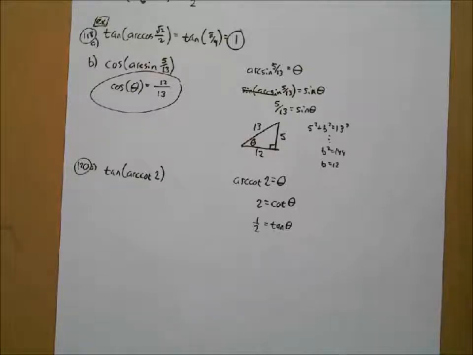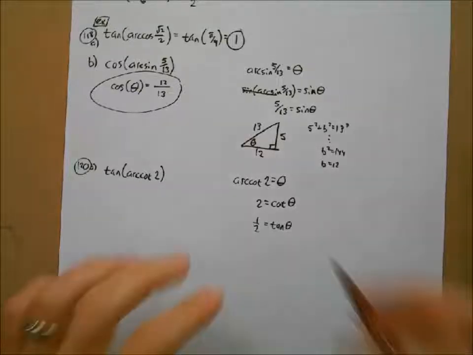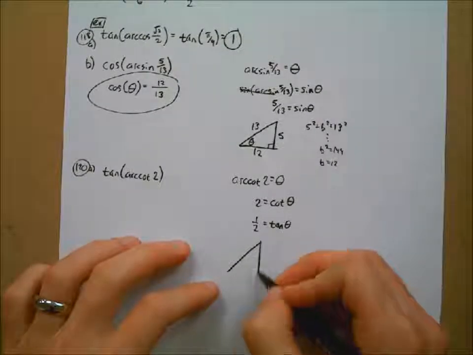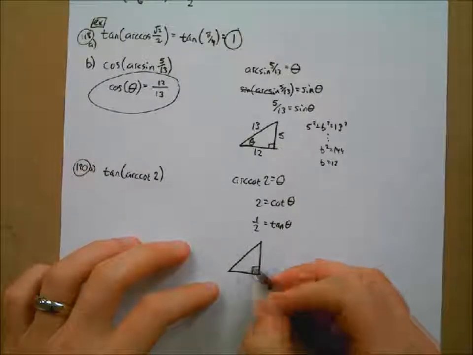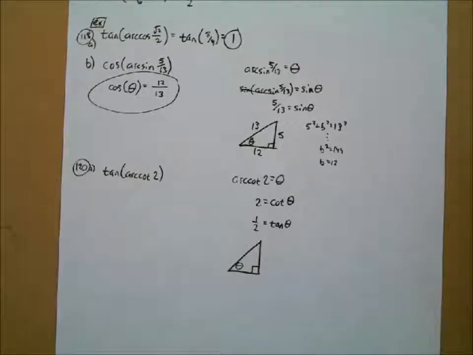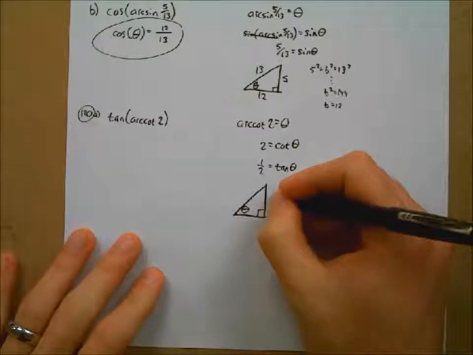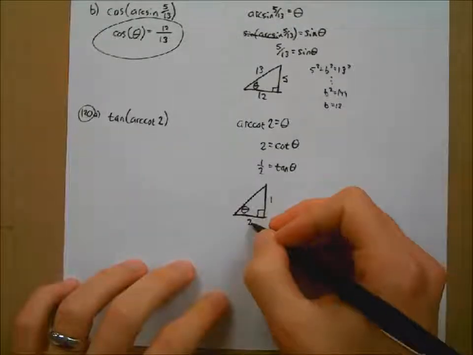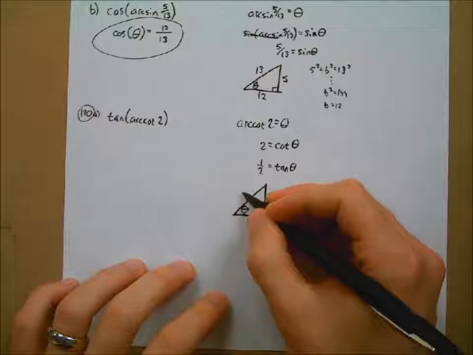Again, we can draw a little triangle to help us out. A right triangle, put theta in there. Tangent is opposite over adjacent. So 1 squared plus 2 squared is 5, and the square root of that, square root of 5, is the hypotenuse.